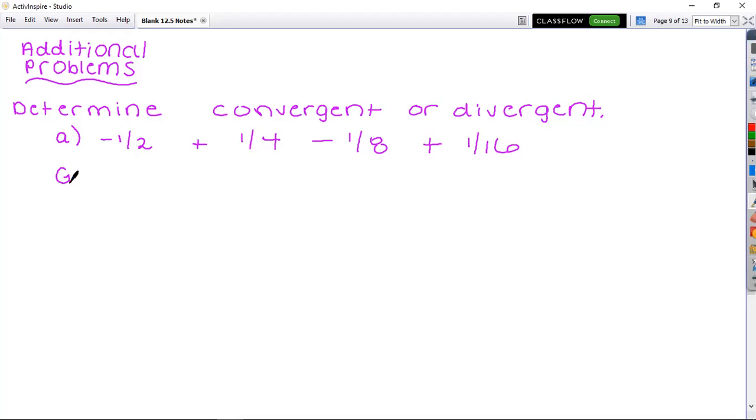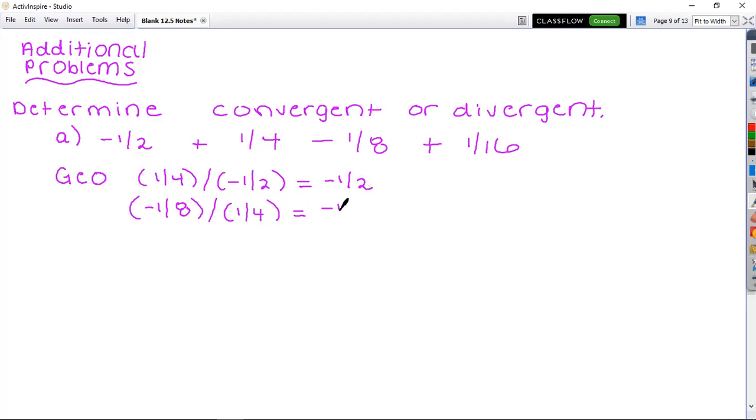If this is geometric, what I should be able to do is 1/4 divided by -1/2, which should give me the same value as my next quotient of consecutive terms, -1/8 divided by 1/4. And it does, so we're good. This is equal to -1/2, as well as this. So geometric, yes.